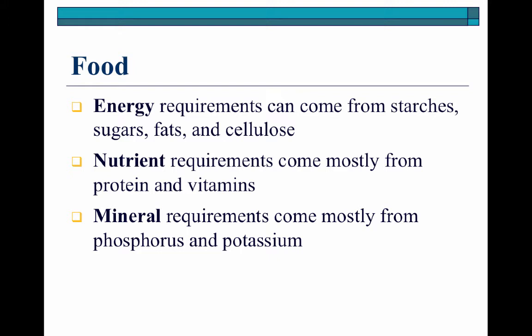Energy is required for every facet of life for individual organisms. These organisms can gather starches, sugars, fats, and cellulose, and all of those individual components can be broken down and used for energy. When we talk about nutrient requirements, which we're going to do pretty extensively throughout the next couple of weeks, we're really talking about protein and vitamins.